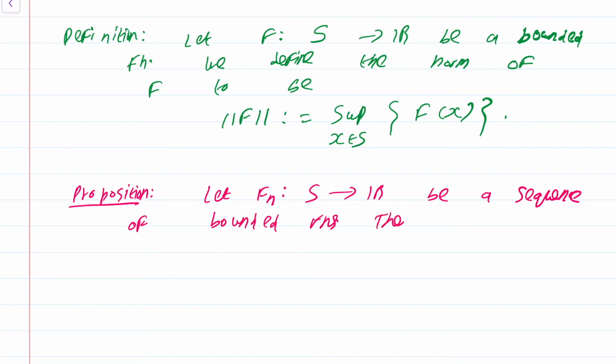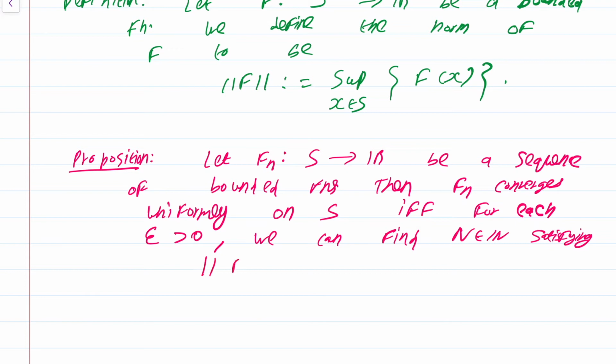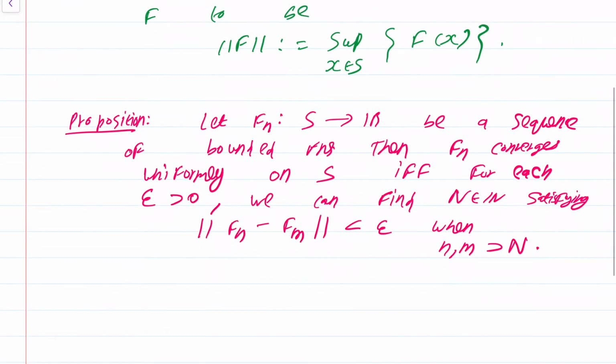Then f_n converges uniformly on S if and only if for each epsilon greater than 0 we can find capital N in N satisfying norm of f_n minus f_m is less than epsilon when n, m are greater than capital N. So this is sort of the Cauchy criterion.